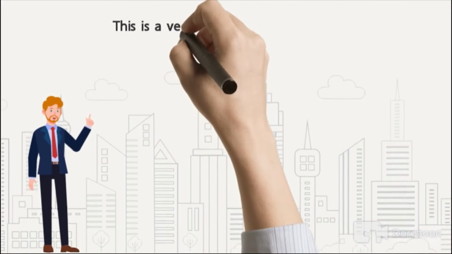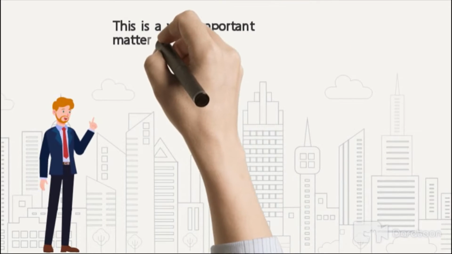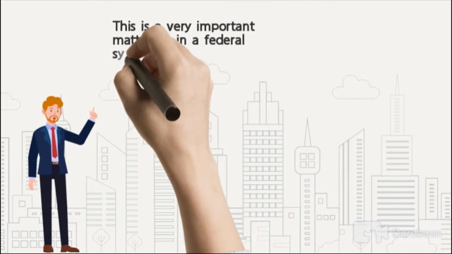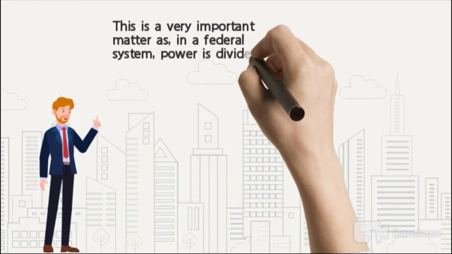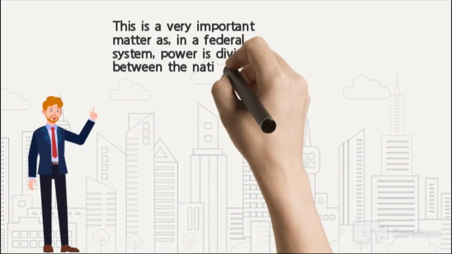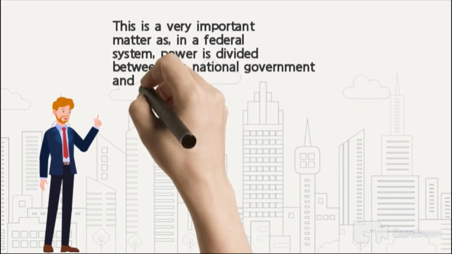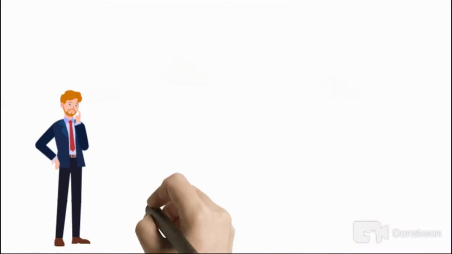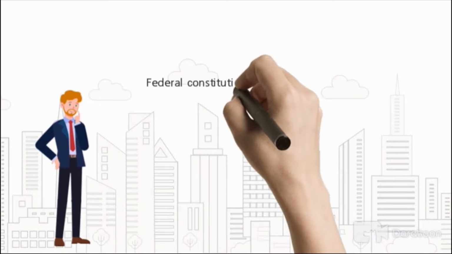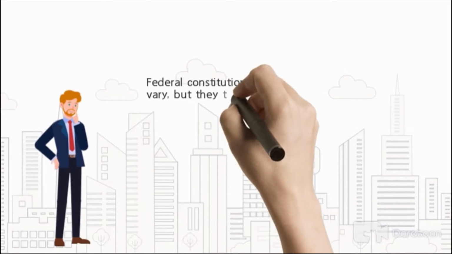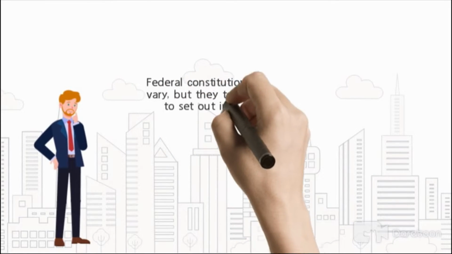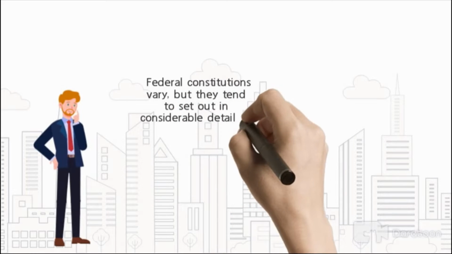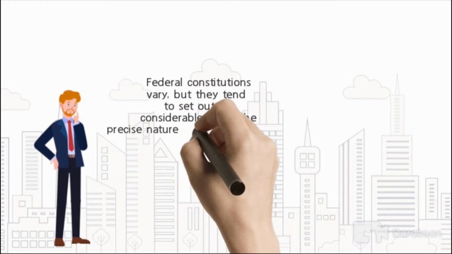This is a very important matter as in a federal system, power is divided between the national government and state and local government. Federal constitutions vary, but they tend to set out in considerable detail the precise nature of such relationships.